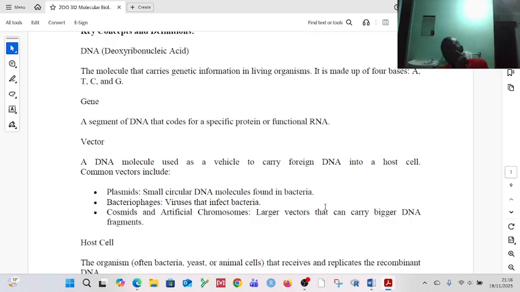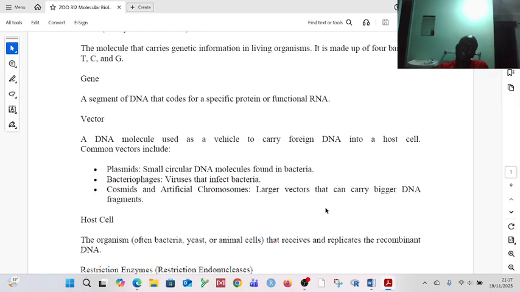As microbiologists, you should know that plasmids are small circular DNA molecules that are found in bacteria. So they are there independent of the genetic material of that microorganism. We have also bacteriophages, and these are just viruses that infect bacteria. Then you have the cosmids and the artificial chromosomes. Cosmids and artificial chromosomes are larger vectors, and because they are larger, they can carry bigger DNA fragments.